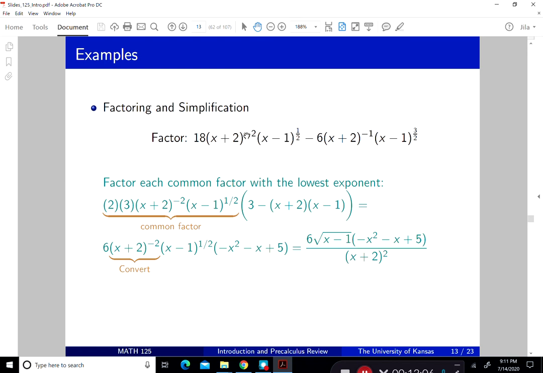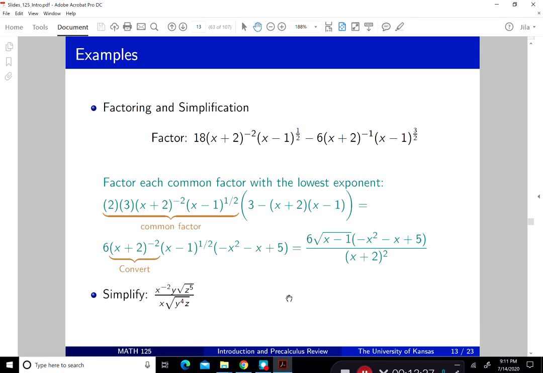Over here, they were in the denominator, but we wrote them as a negative power. Now we bring it back to the denominator with a positive power, and write the power 1/2 as a square root, and that makes it easier to compute.